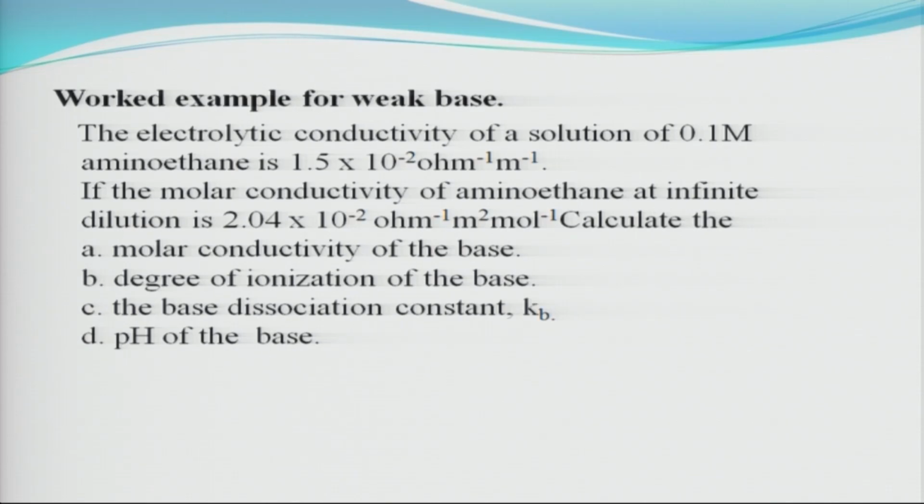We have an example here. The example is telling us that the electrolytic conductivity of a solution of 0.1 molar aminoethane is given. Aminoethane is a base. If the molar conductivity of aminoethane at infinite dilution is given, calculate the molar conductivity of the base.